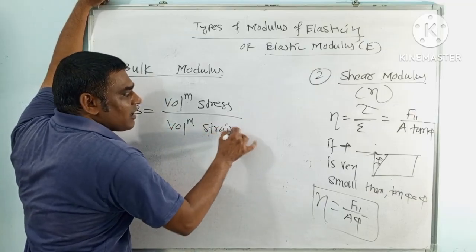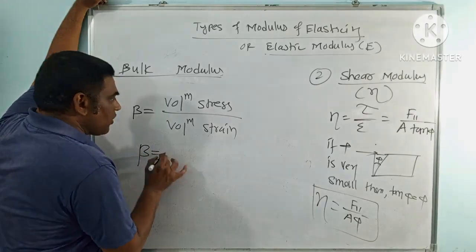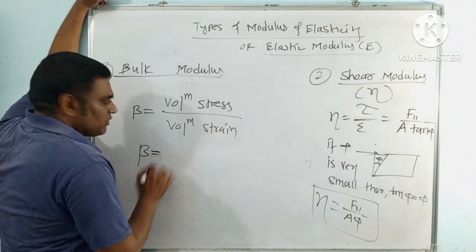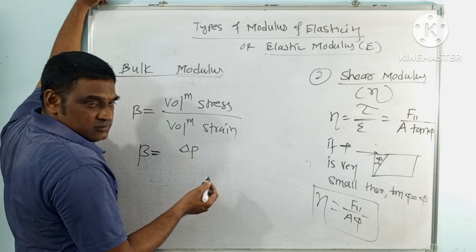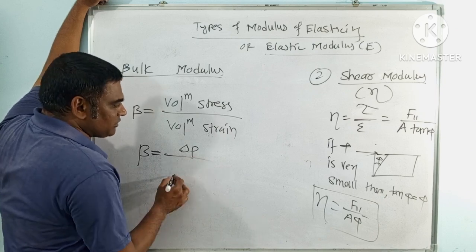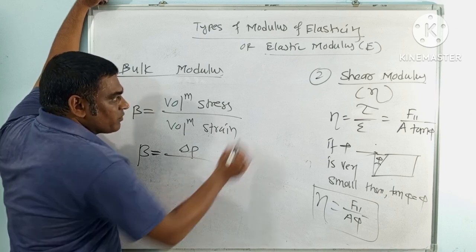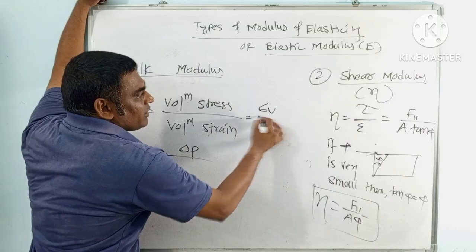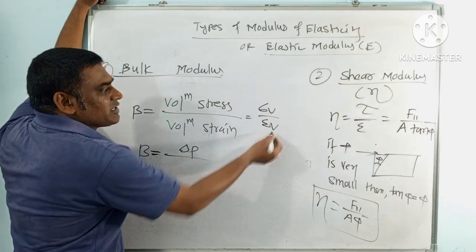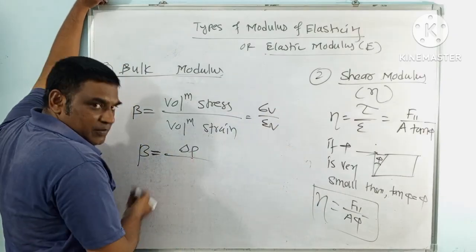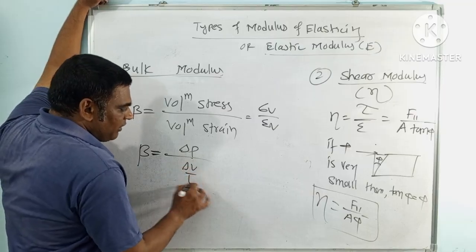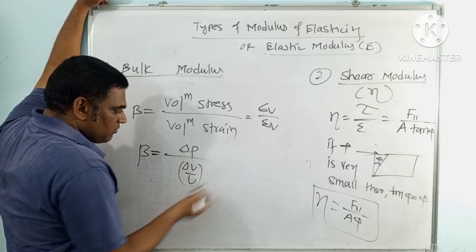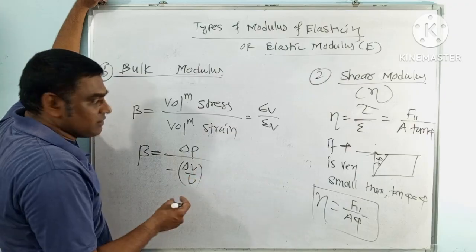This type we have seen now. So B is equal to what then? Volume stress, which we have seen, is change in pressure, divided by volume strain, delta V by V. But mostly this is negative, as volume is decreasing.